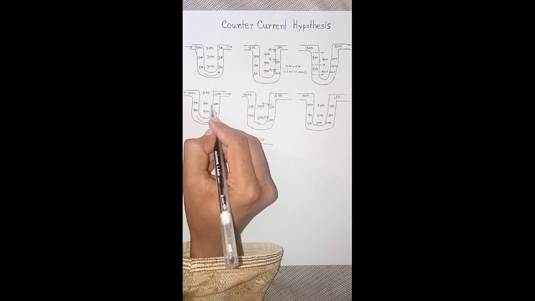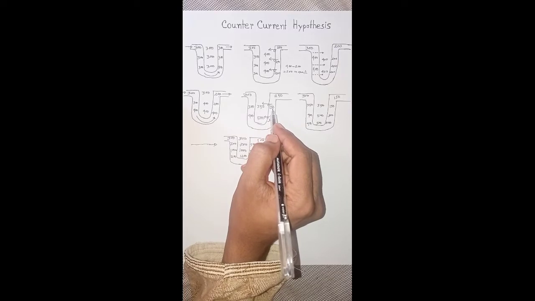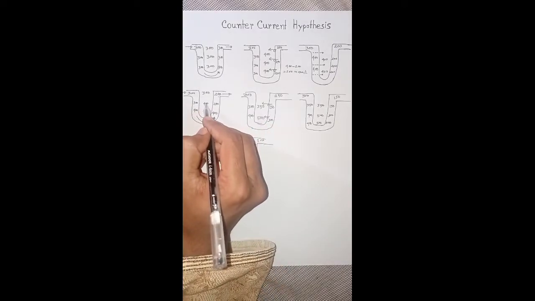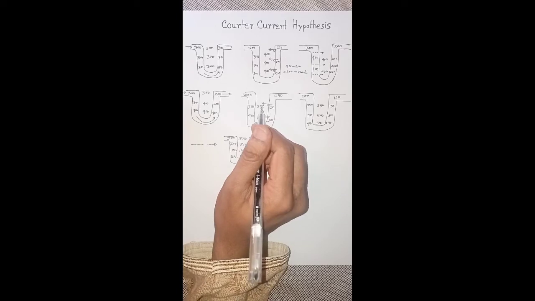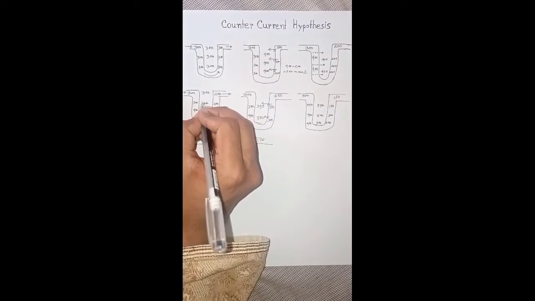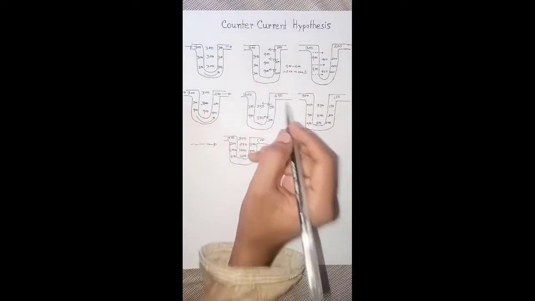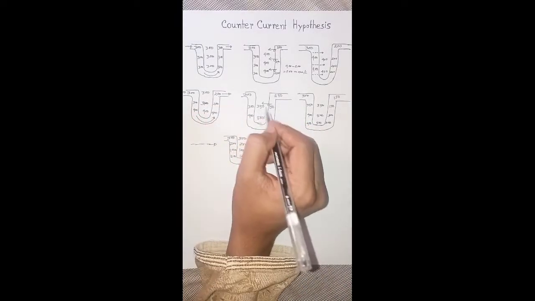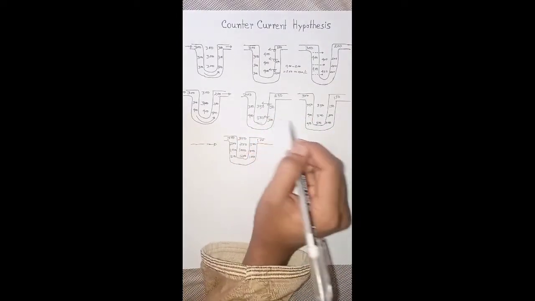And the 200 milliosmol per liter concentration fluid now becomes 150 milliosmol per liter, and the 400 osmotic concentration becomes 350. Here the osmotic concentration should be 300 milliosmol per liter. This is the fifth step.